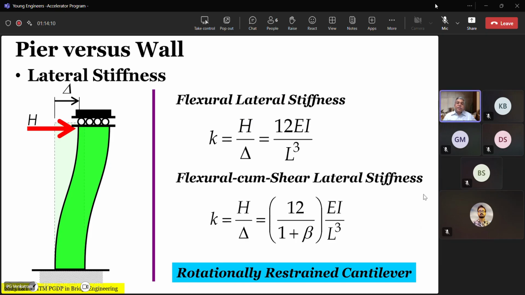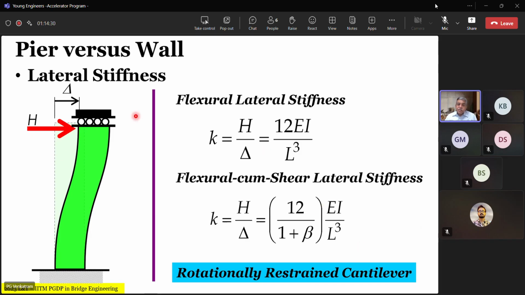Imagine a very stiff superstructure connected to a very flexible substructure. Then it's possible, though you will never get a fully one, but that is the situation where you could have the substructure being rotationally restrained.